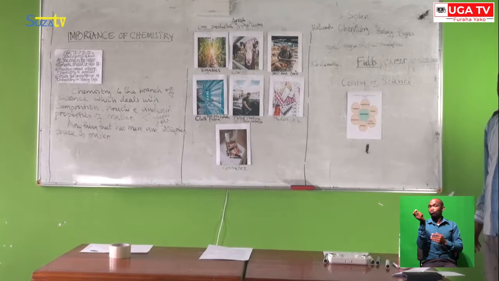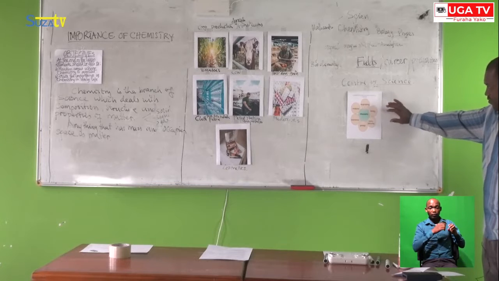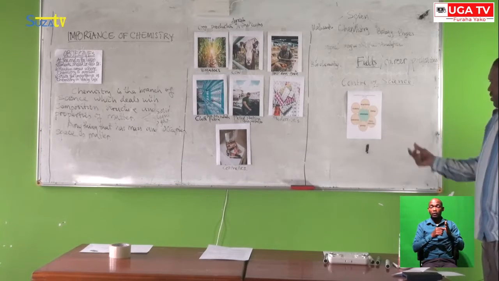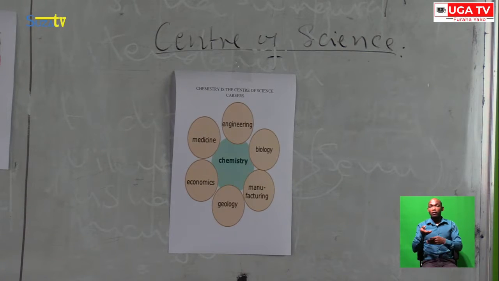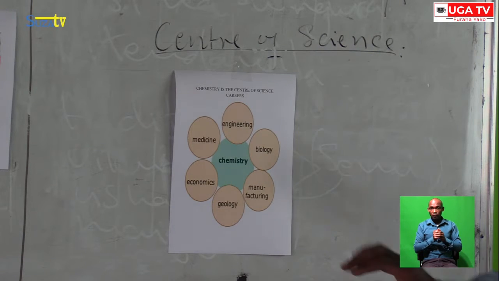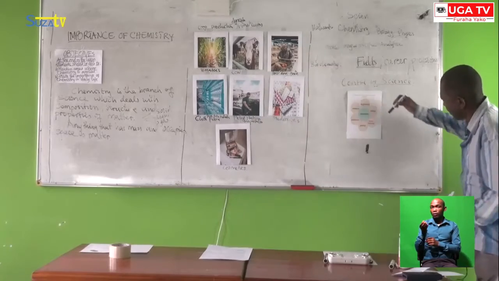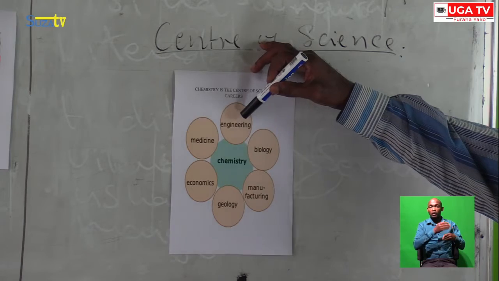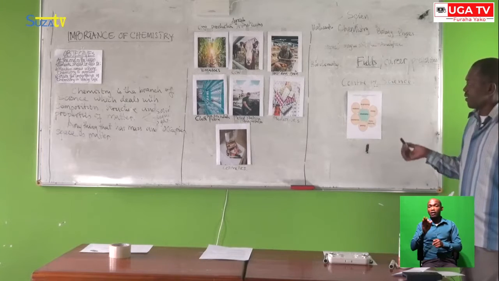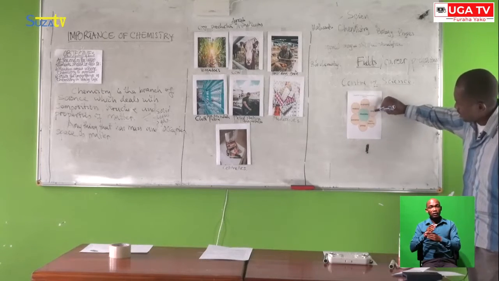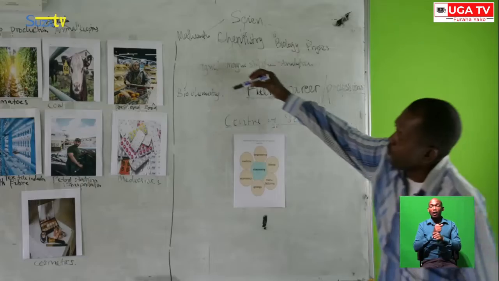From this diagram, we can see that chemistry is the center of science, since it is a science subject from which we can have different related fields. Here, above chemistry, we have engineering, where we have engineering chemistry and other fields related to engineering. On the other side we have biology, and that's why we have biochemistry.